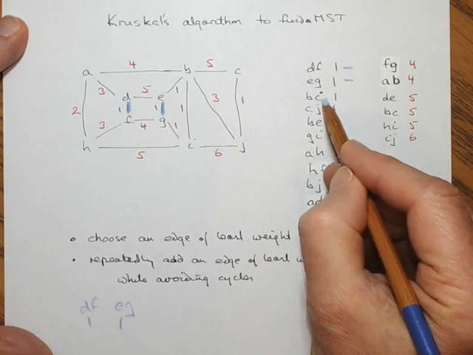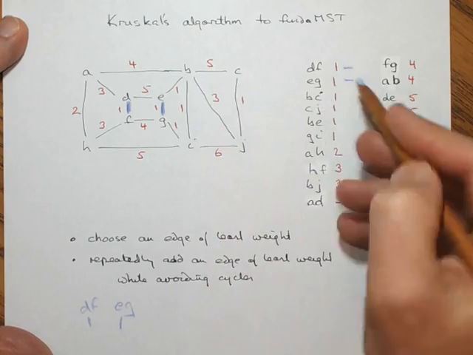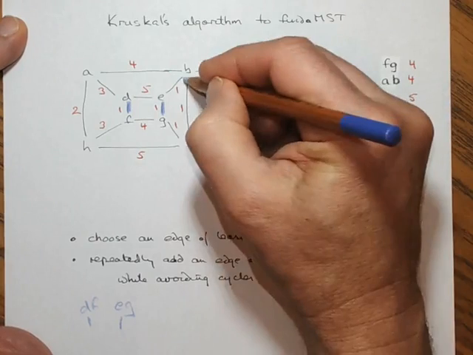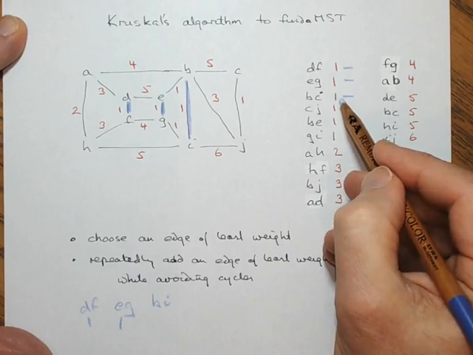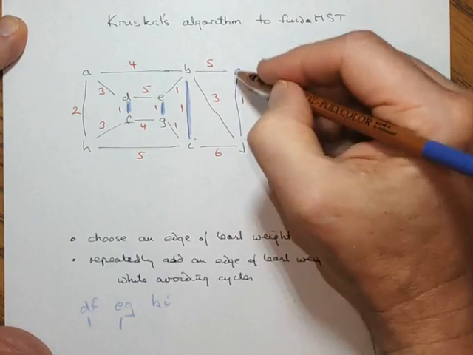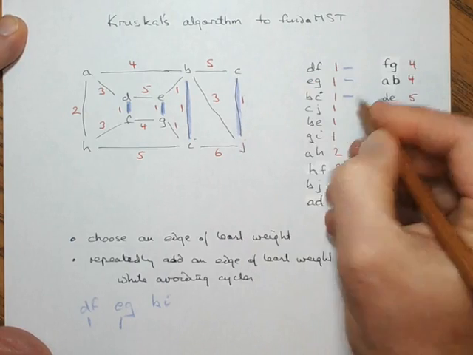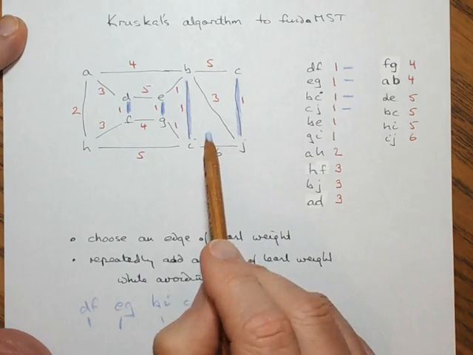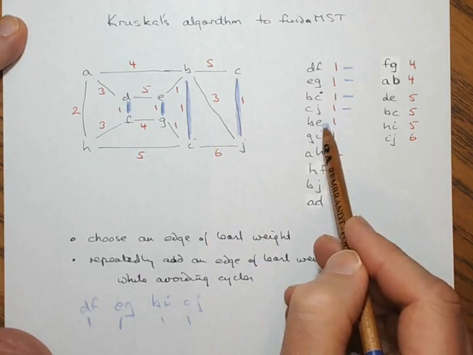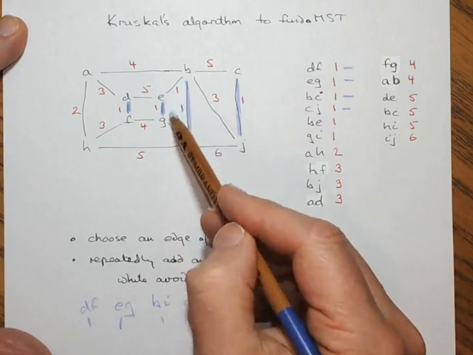Okay, BI. B to I, we can certainly add that in. C to J, yes, we can add that in, with one each. What's next? B to E. Can we add in B to E? Yes.